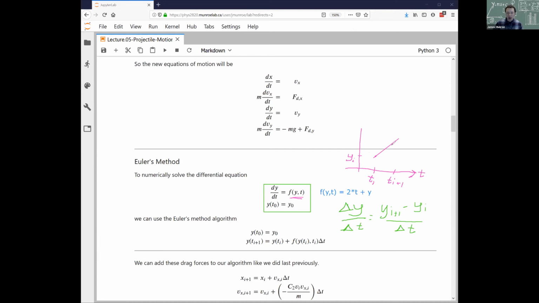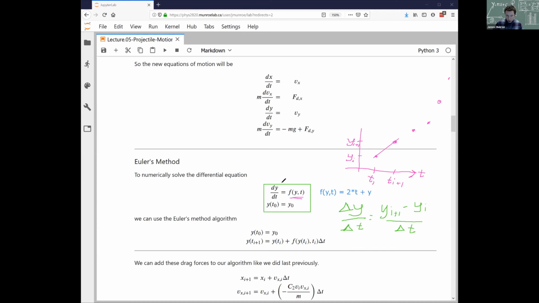And then I'm saying, okay, I'm just going to go forward a time step from t i to t i plus 1, whatever that difference is. And that new point is going to be my y i plus 1. So the logic here is from this point, do a linear interpolation to come up with this next point. And then once you've done that, you have the new point, and you can continue on your way to figure out the next point, and the next point, all the way through. And that's what the method is doing all the way through.